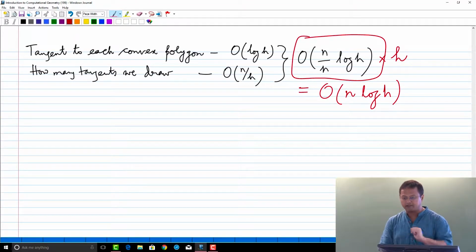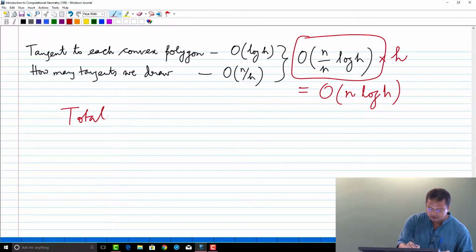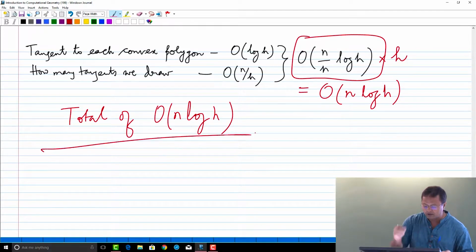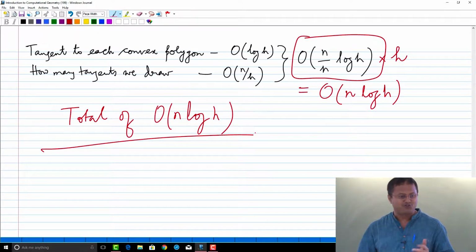So, add this n log h to the earlier n log h, for a total of order n log h. The only problem is, nothing comes in life for free. No one is going to tell you that h.